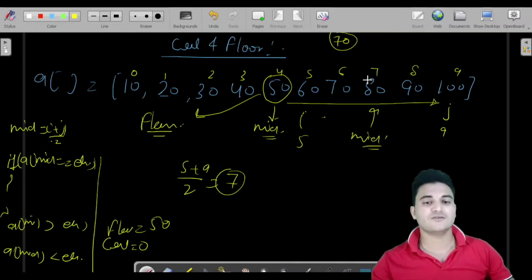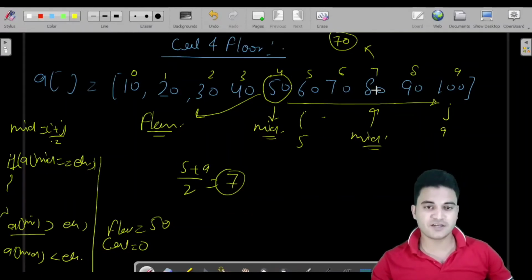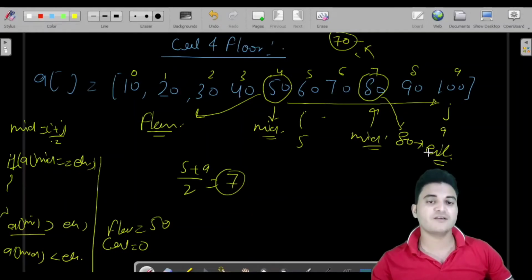Fine. So you will check whether A of mid is equal to the element for which you are searching. No, it is not. That means this is not the element for which we are searching. We'll check the next condition. If A of mid is greater than the element, yes, 80 is greater than the element for which we are calculating the ceil and floor. So in that case, there might be a possibility that 80 could be the ceil. Why?